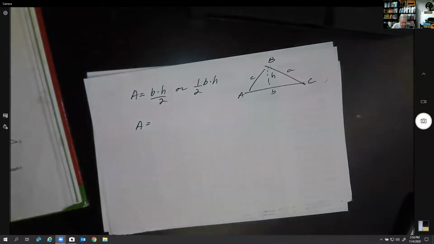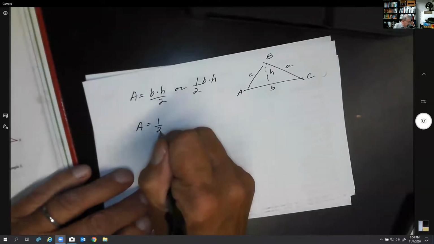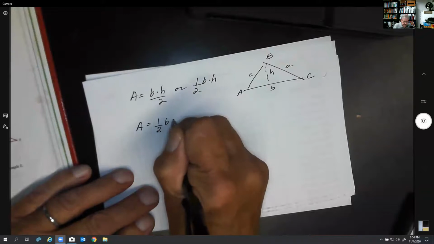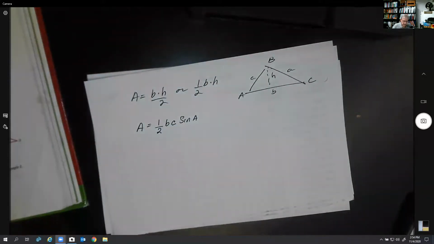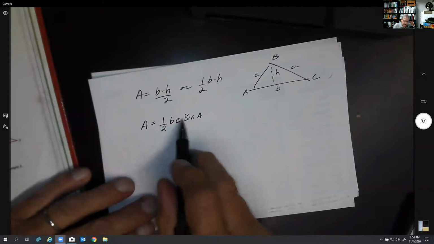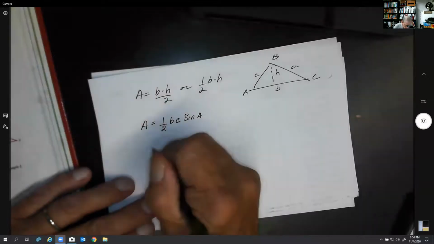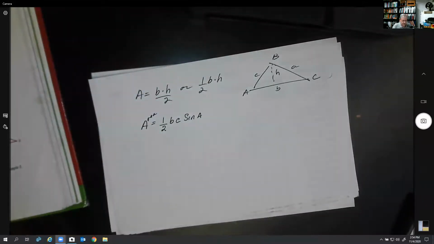But they use a little variation. The area is equal to 1/2 BC sine of A. Now notice what they did. This is BC, and then you have angle A. A stands for area, not the angle.